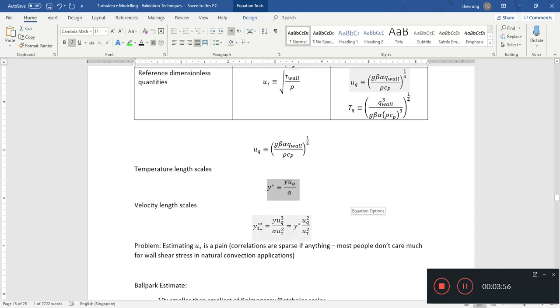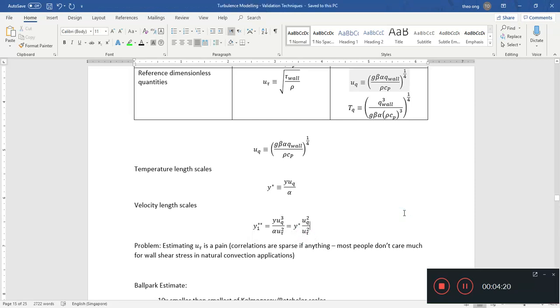So nearest to the wall, this y1 star is used, and that's a bit more complicated. You see there's y in there, there's alpha, and there's u tau, which is the friction velocity, and uq. So if you substitute this correlation in, you just get y star uq over u tau. So that's the important thing.